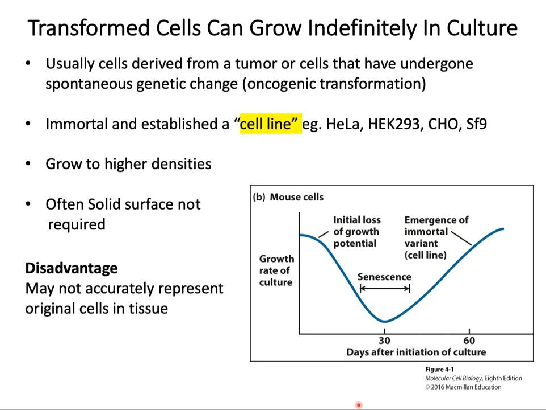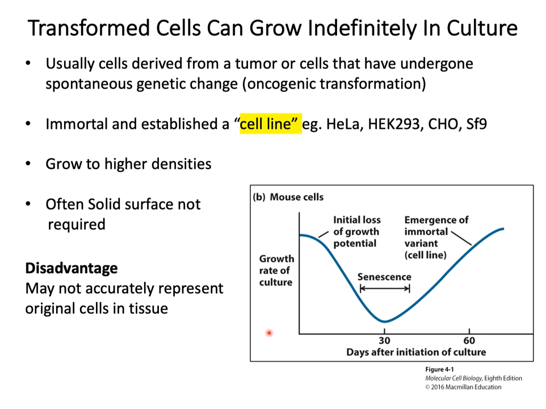As we have seen, primary cells do not have an infinite lifespan. One way to circumvent this problem of finite doubling is to use transformed cells, the concept we introduced in the last slide. So the transformed cells are usually derived from a tumor or from cells that have undergone spontaneous genetic mutations.